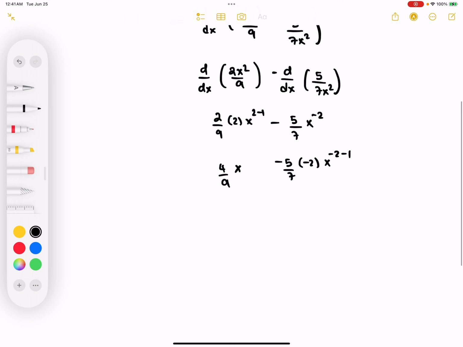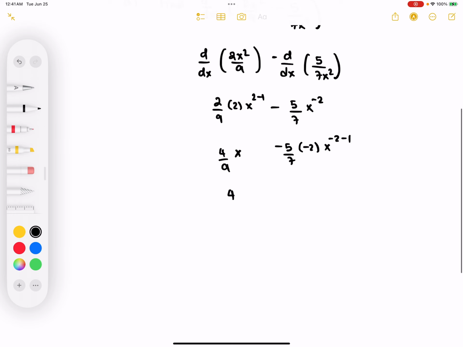Now when you simplify, minus 2 times negative 5 becomes plus 10 over 7 x to the negative 3. That is okay.